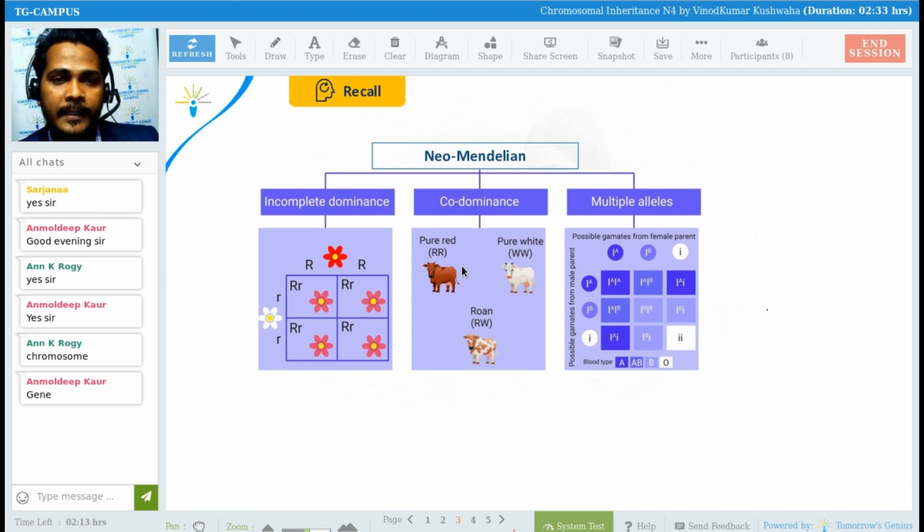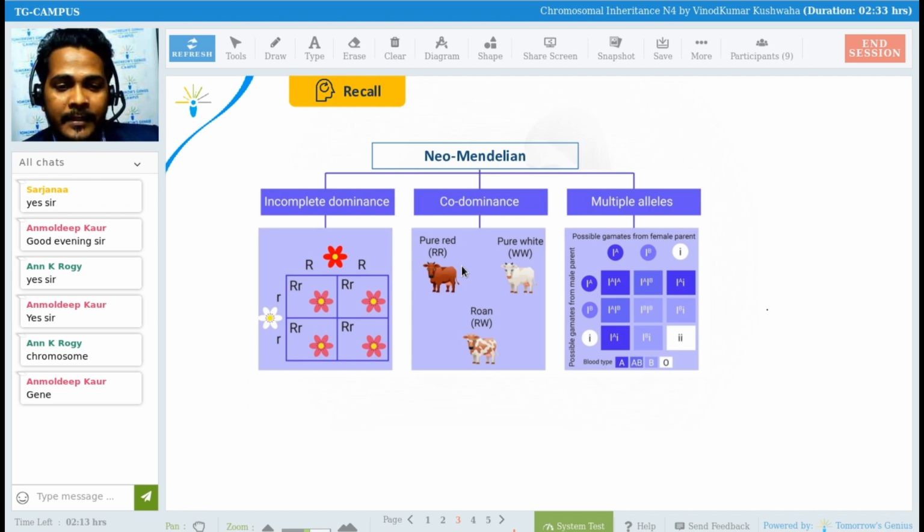Yes, what you said is related to multiple alleles. I would like to add that more than two alternate alleles of a gene in the population, occupying the same locus on homologous chromosomes, are known as multiple alleles.